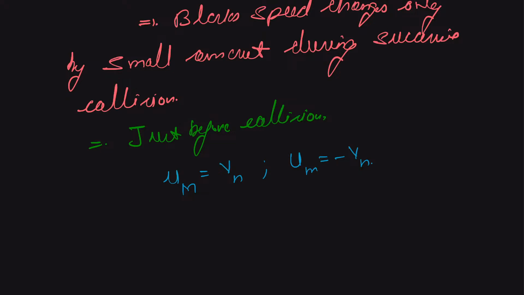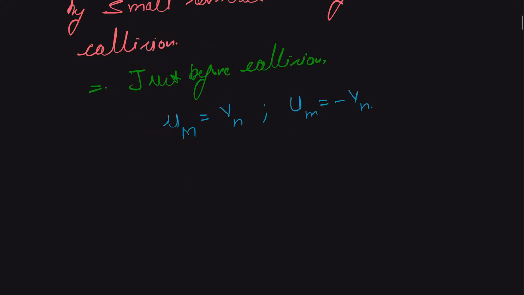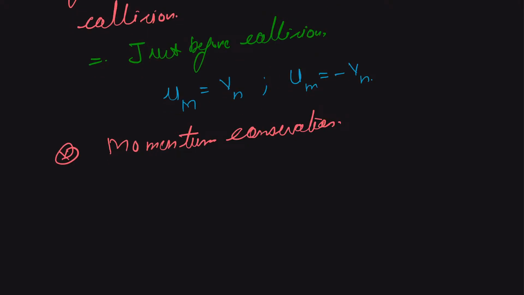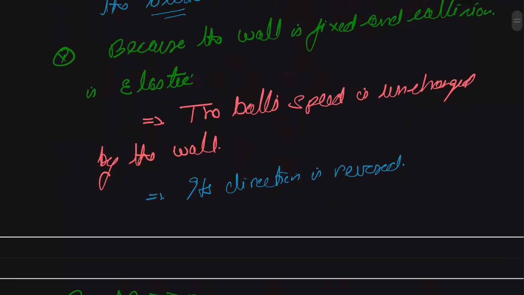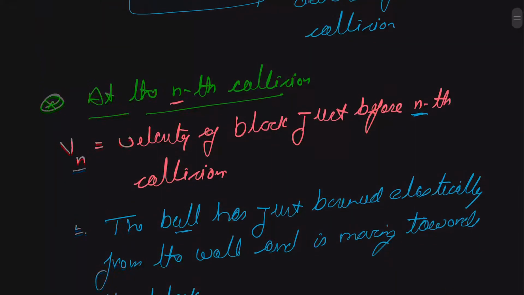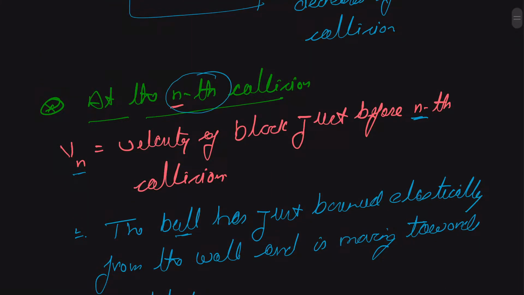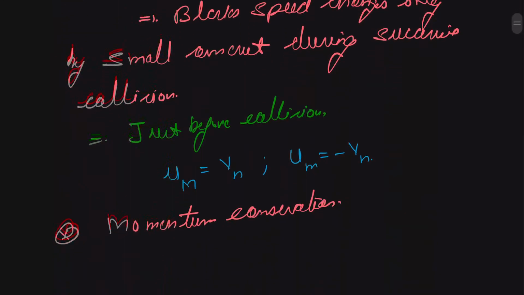Now we can use the momentum conservation during the collision. We here discussed the nth collision. Okay, now we are going to discuss the n plus 1th collision.